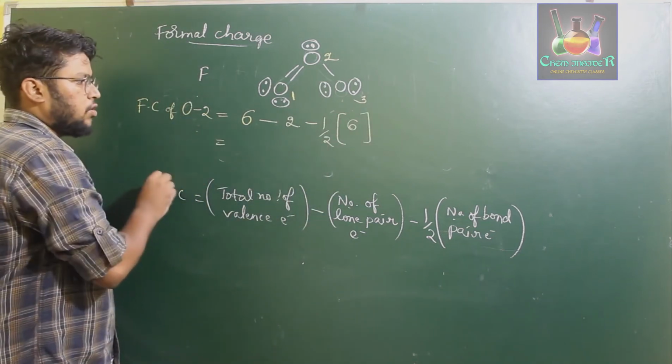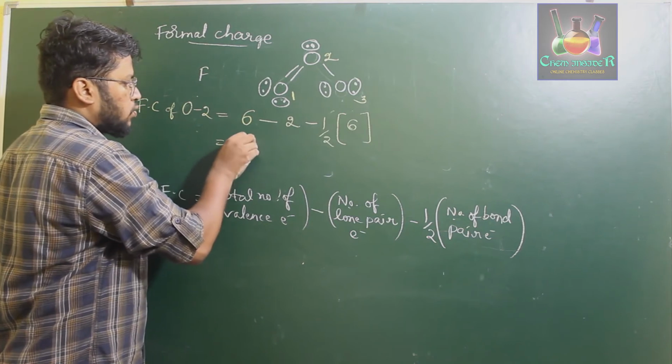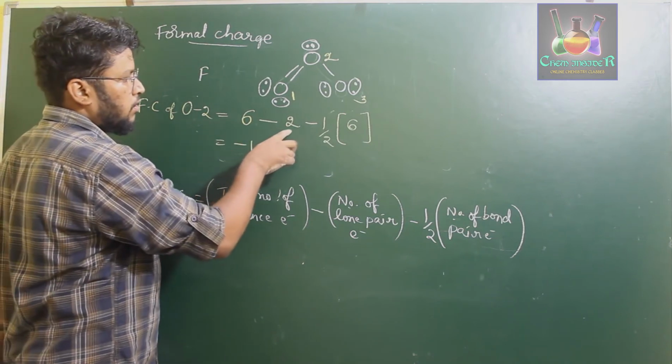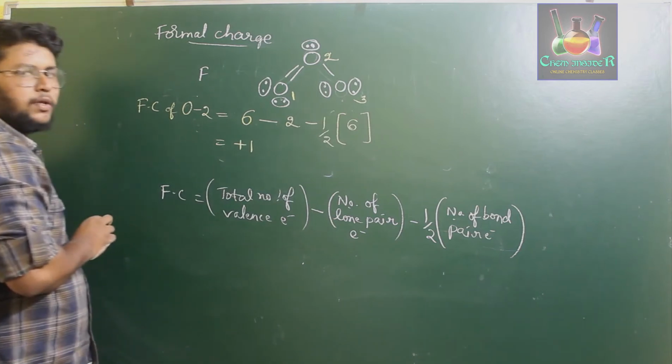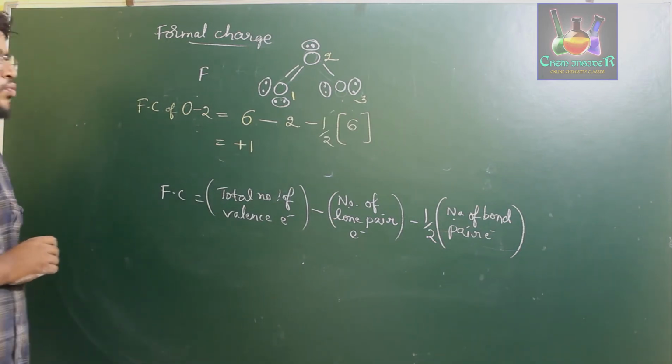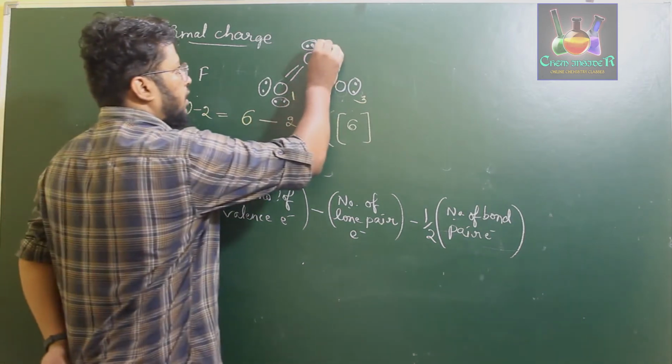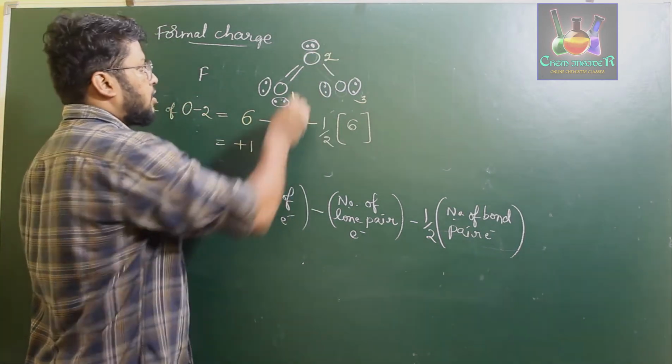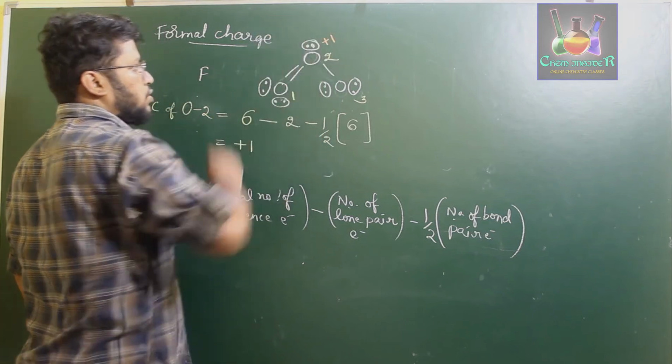So if you calculate all this, you will get minus 1. Sorry, you get plus 1. So the formal charge on the second oxygen is plus 1. Let us write the plus 1 over here.